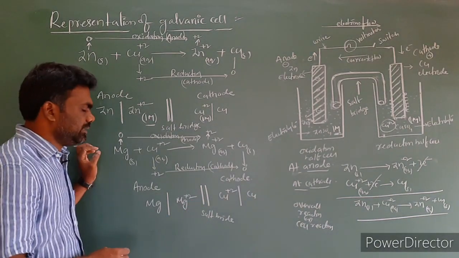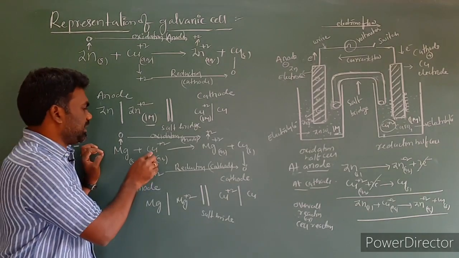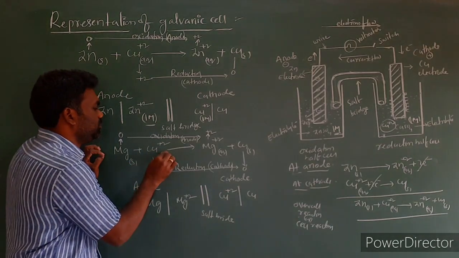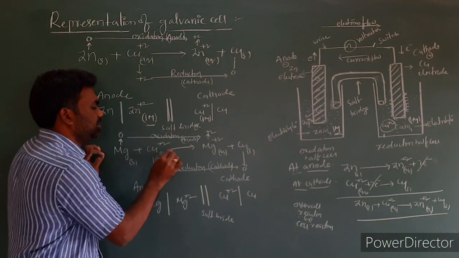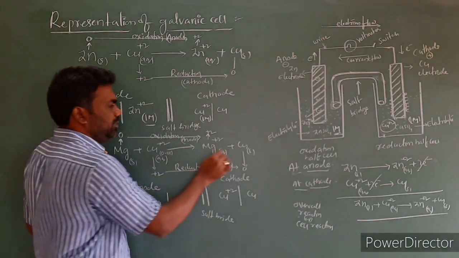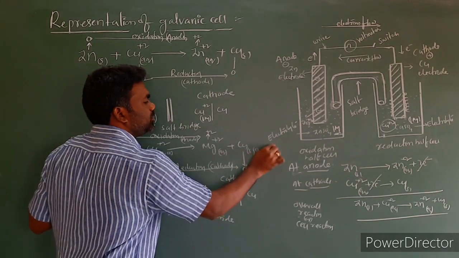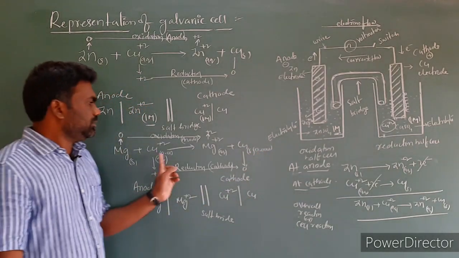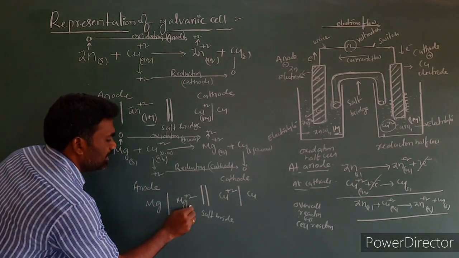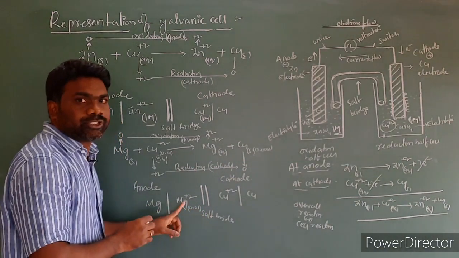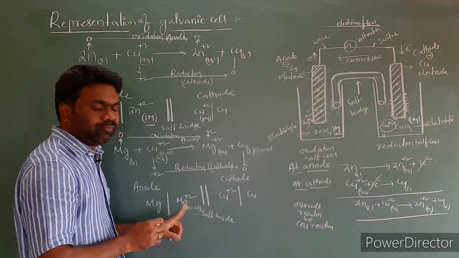Next we have to take the concentration of ions. Suppose the concentration of the ion is mentioned. For understanding purposes, I am taking 0.01 concentration, and suppose this concentration is 0.0001. The concentration of the solution is written in brackets after the formula of the ion.